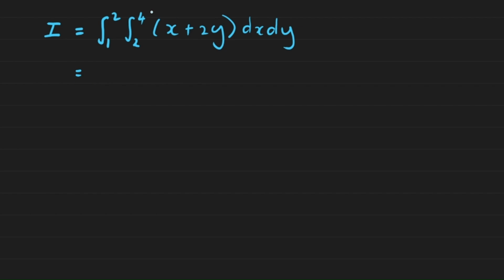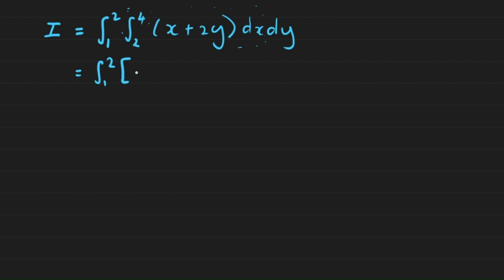So if we're doing the inner integral with respect to dx, what it means is that we're treating y as a constant. So we're only integrating with respect to x while treating y as a constant. So we keep the outer integral as is, and now we integrate what's inside.